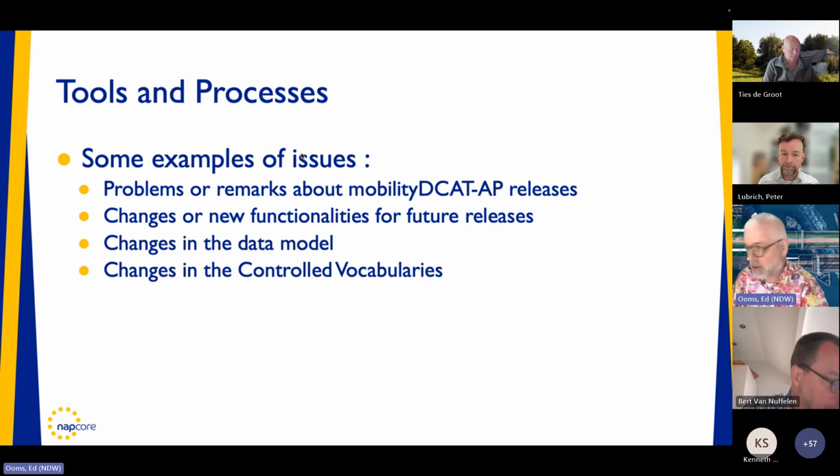If something is not clear or something is not working, that's an issue. If you have new functionalities for future releases, you can mention them. If you have proposals for changing the data model, you can propose them. And if you have proposals for changing the controlled vocabulary, you can also mention them on GitHub.